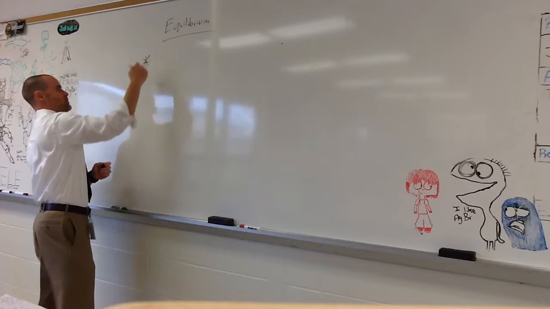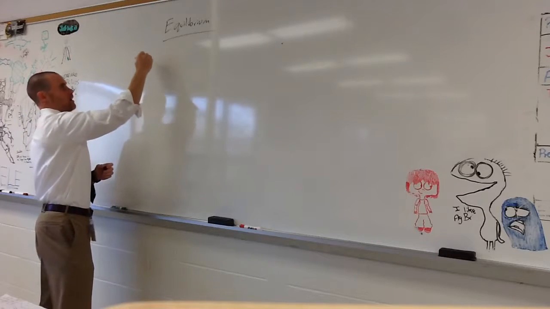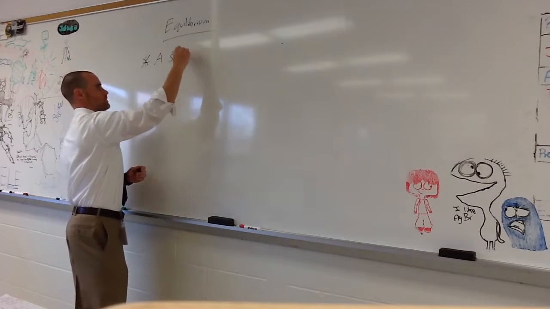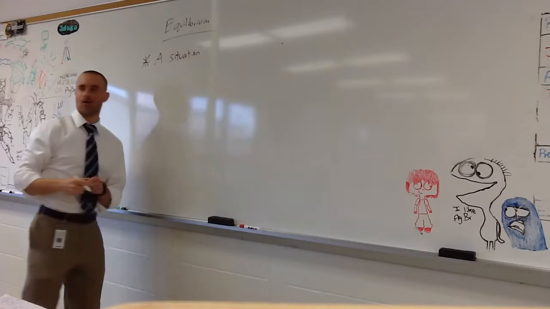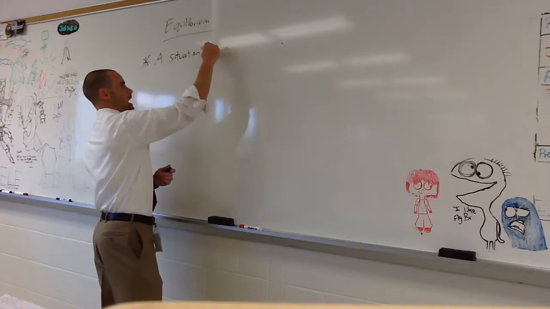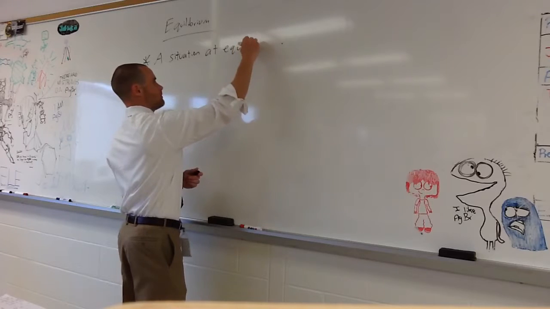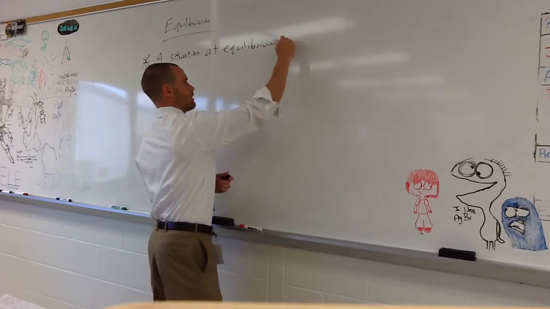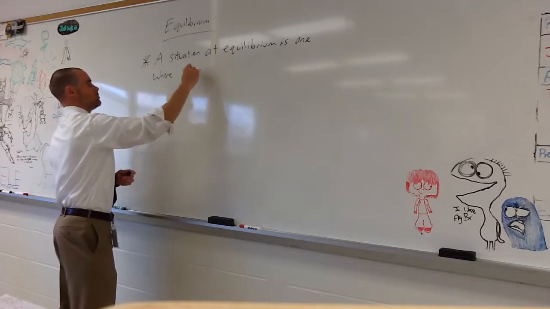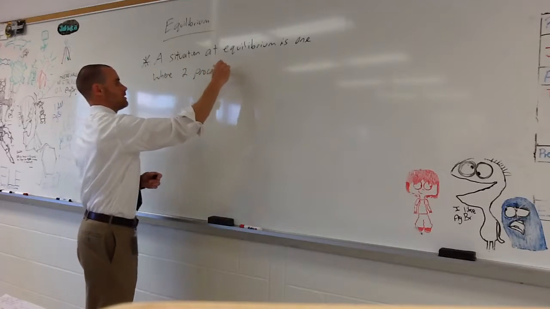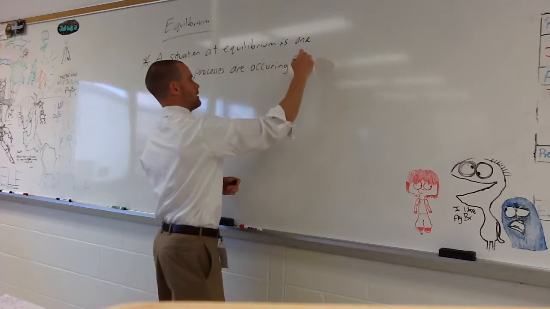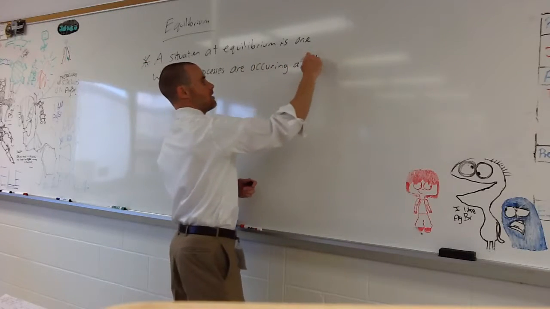So here's the definition. Underneath that, write this down. A situation, we'll say situation because it can be chemical or physical. A situation or scenario, we could say, at equilibrium is one where 2 processes are occurring at the same rate. I can never spell that word.